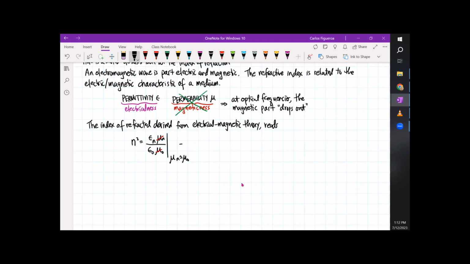And so this tells us here, to a very good approximation, that it's this guy right here. So this is really, and remember, this is more of a conceptual thing. It says that the optical medium electricalness, that's what that number does, divided by the vacuum electricalness.